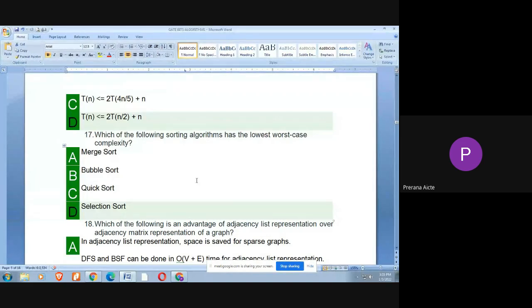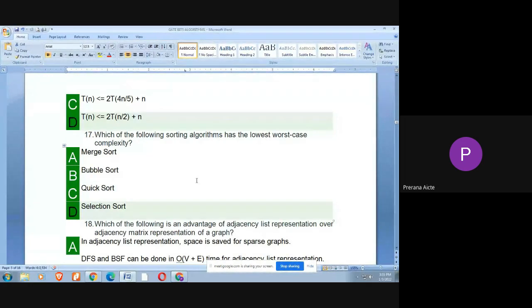If you solve that recurrence relation, we are going to have order of n log n. And for bubble sort, it is going to be order of n square. For quick sort, the worst case is also order of n square, and the best case is order of n log n. And for selection sort also it is order of n square.